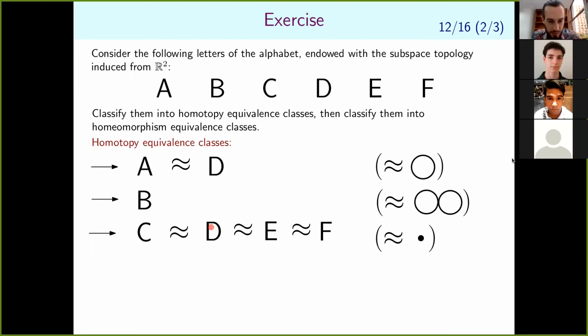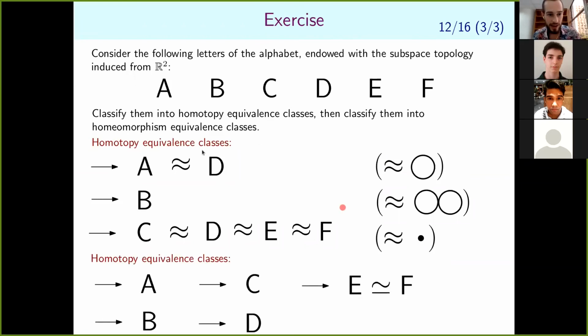All right. Let's see how homomorphism classes look like. And there is again a mistake. This is homomorphism. We have 5 classes.